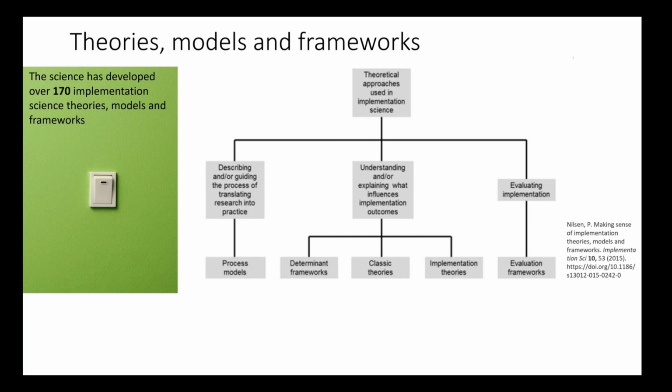There are theories, models, and frameworks that describe or guide the process of translating research into practice. There are ones that talk about what influences implementation, determinant frameworks, classic theories. And then there are things that help us evaluate implementation. There are 170 plus of these now. So a lot of effort and work has gone into generating these theories, models, and frameworks.